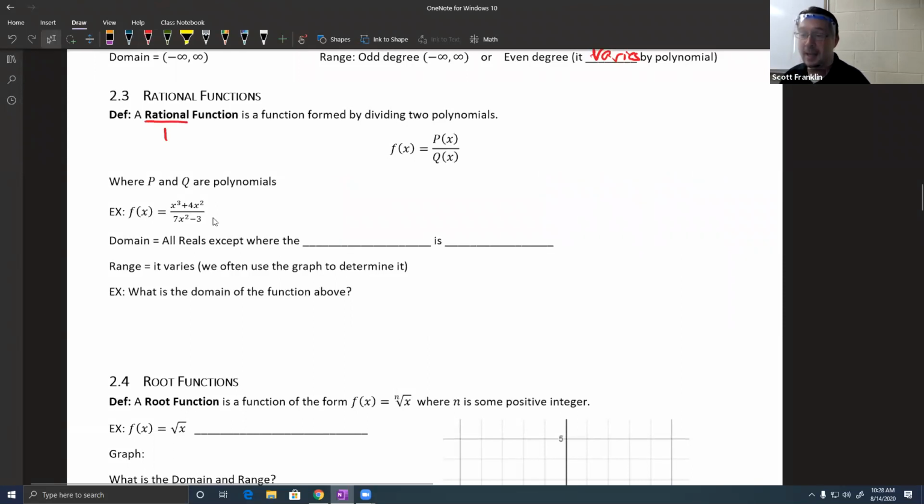Okay, in your mind, from this point forward, as a math major or math-related major, computer science, teaching, whatever you're going to do, rational should mean the same thing as fraction. That's our fancy word for fraction.